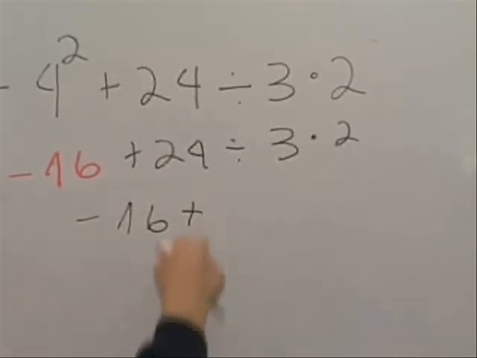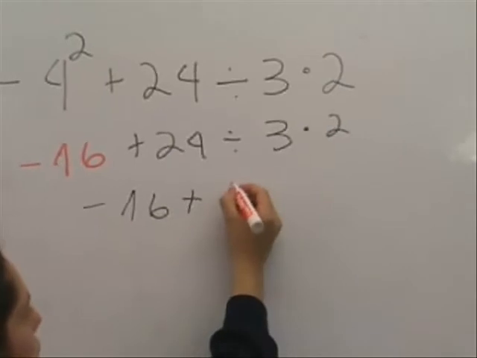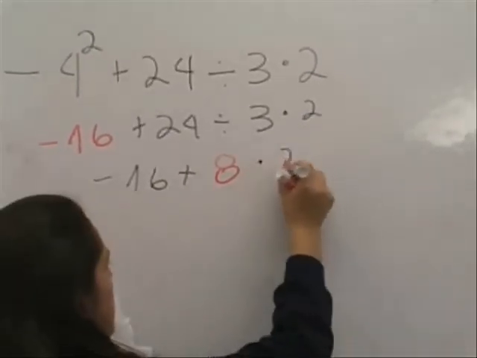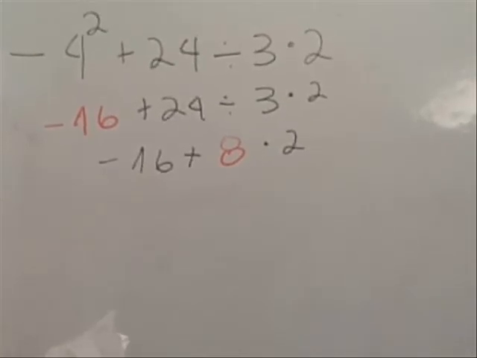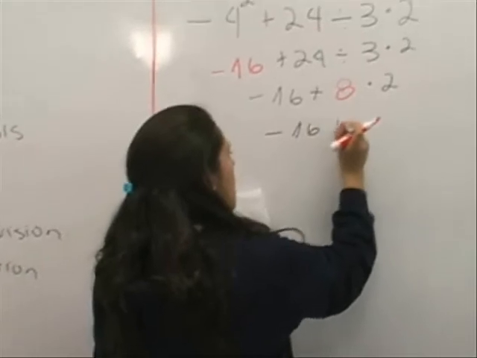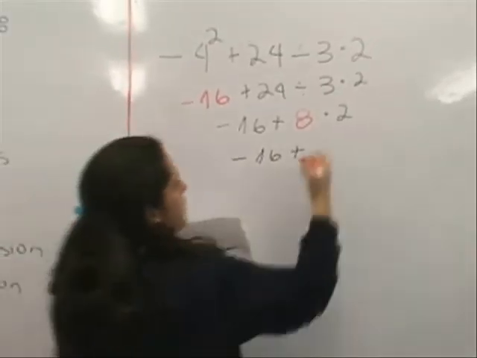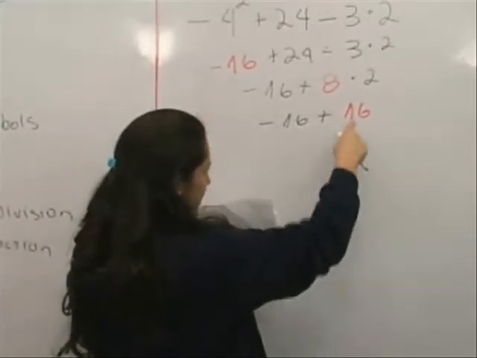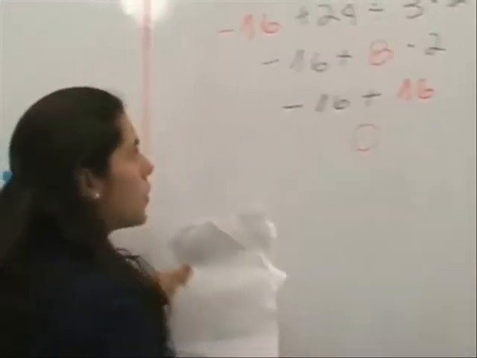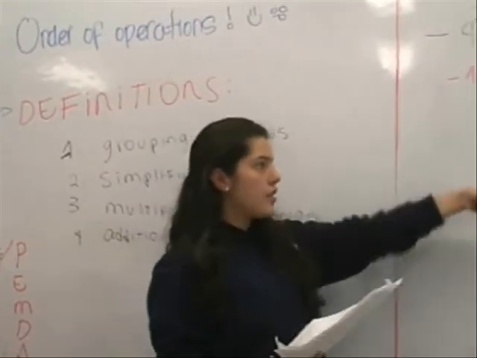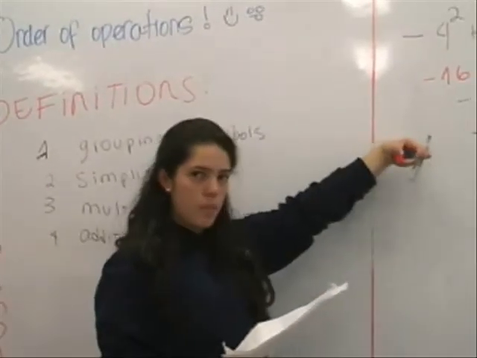The result of 24 divided by 3 is 8, so it is in color, and then again as it is. So it would be minus 16 plus 6. And finally, minus 16 plus 16 is equal to 0. So here we use the order of operations, and the answer wasn't changed because of the proper order.